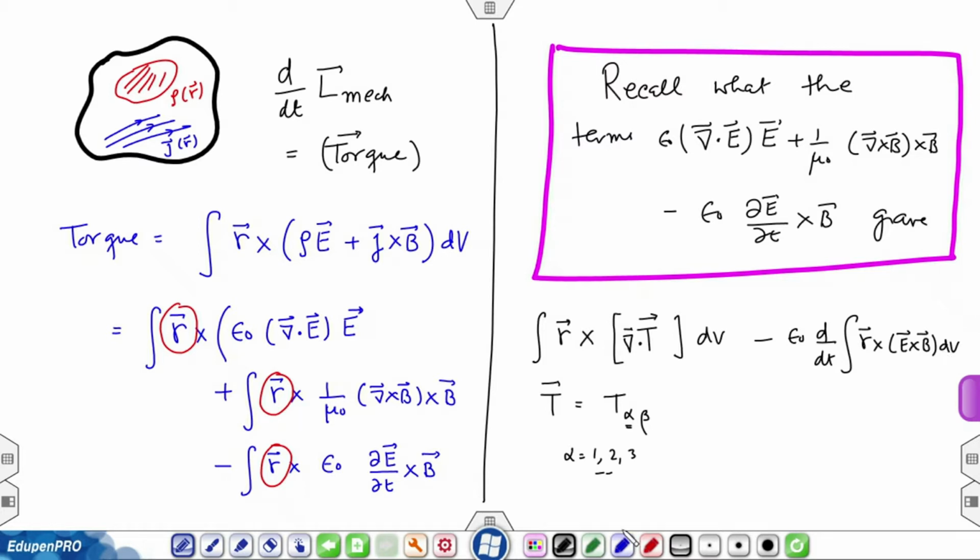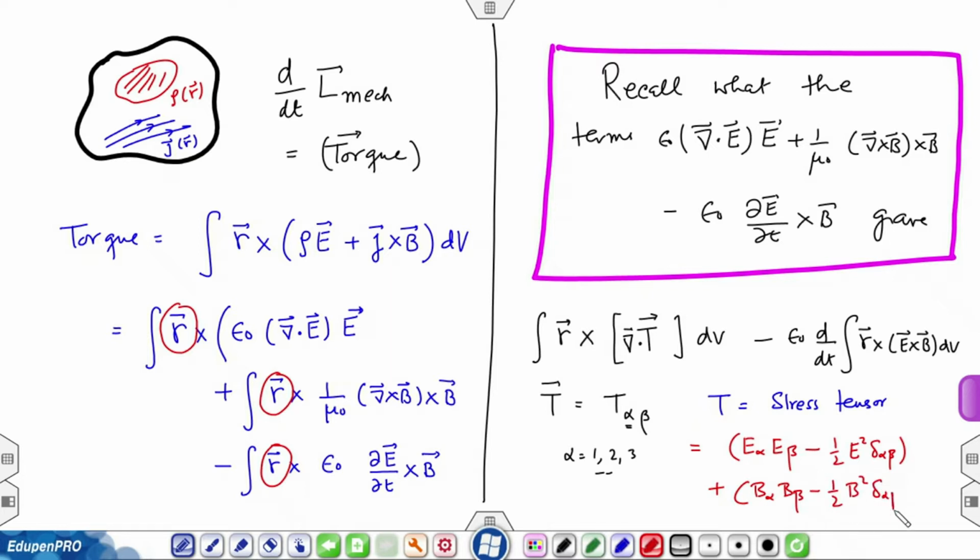Here T is the stress tensor, and what it was equal to is E alpha E beta minus 1/2 E squared delta alpha beta plus B alpha B beta minus 1/2 B squared delta alpha beta.